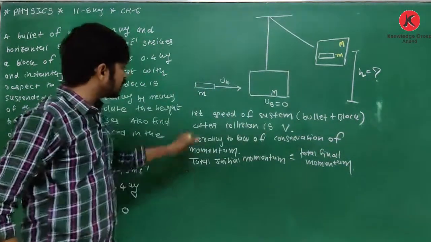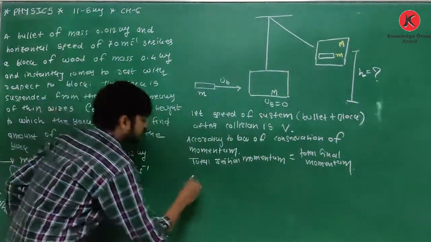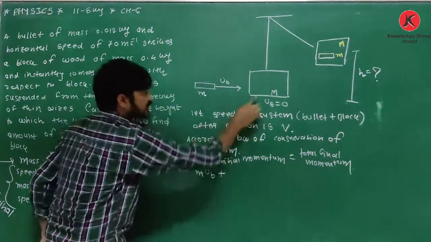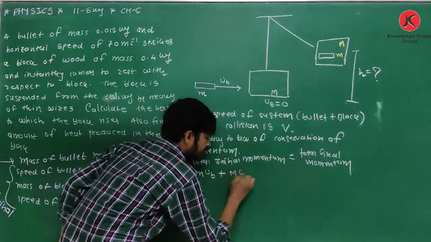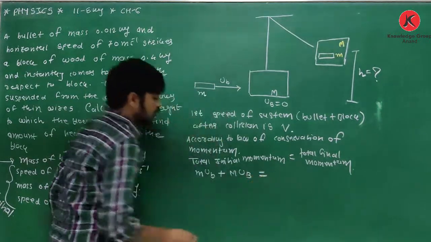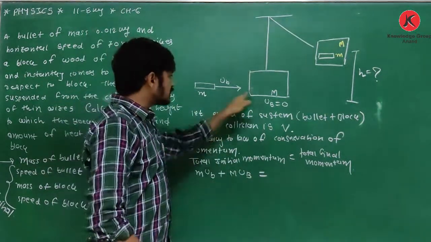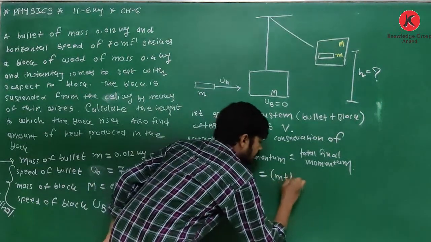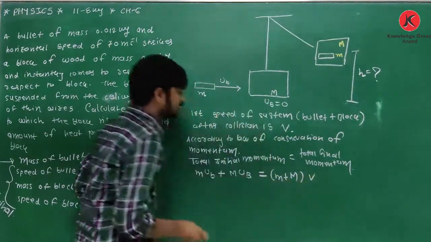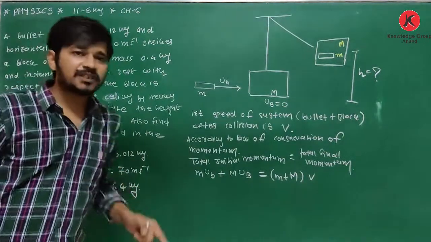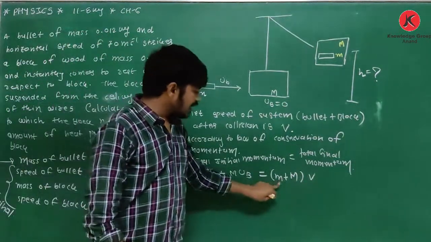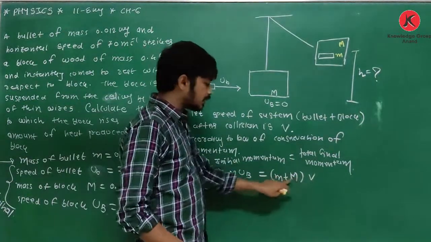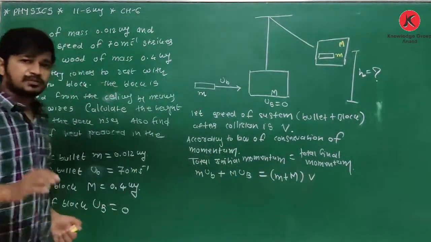Initial momentum: this bullet is moving, having mass m and speed ub, plus momentum of this block, M ub, is equal to, after collision, the block and bullet move together with common speed V. So I have to write (m plus M) into V, because they both are moving together with common speed V.